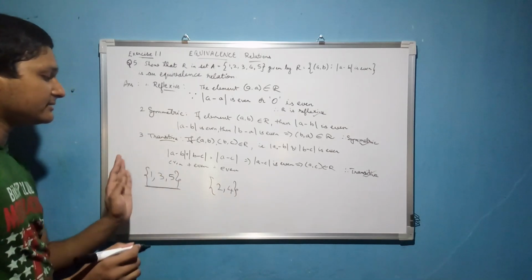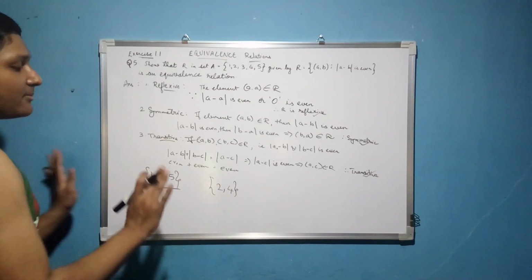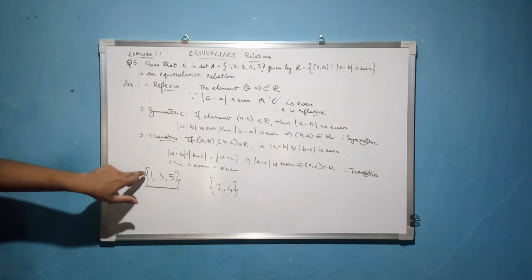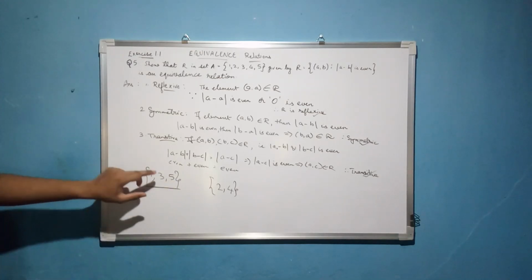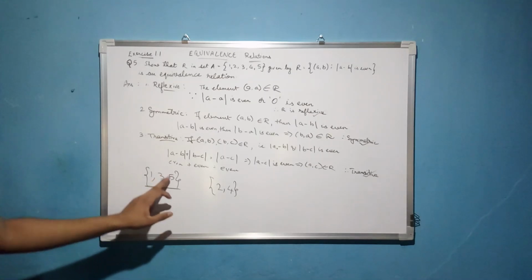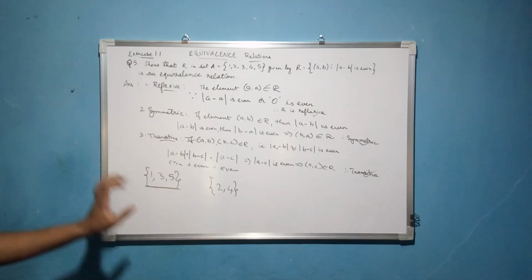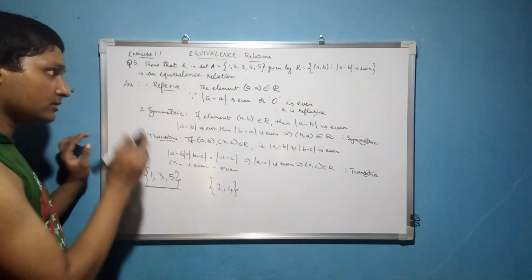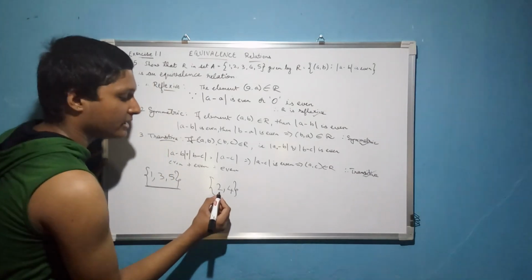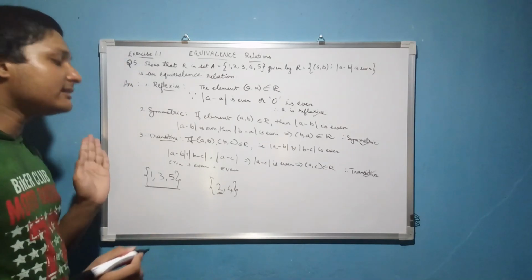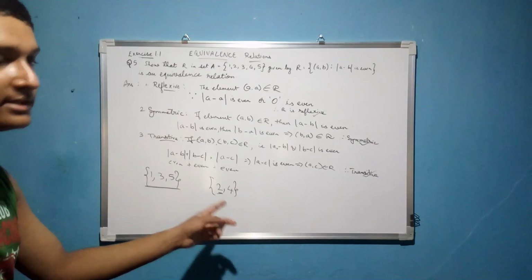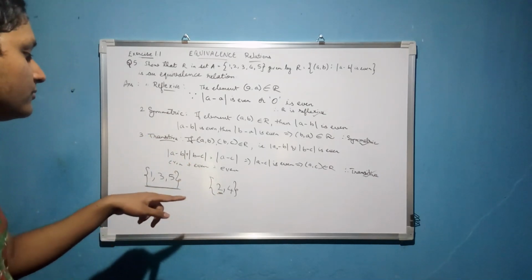This is a different set and this is a different set. 1 is related to 1, 3 or 5. 3 is related to 1, 3 or 5. 5 is related to 1, 3 or 5. That means only so many elements are present in this equivalence relation. If 2 is the first element, it is related to 2 or to 4. If 4 is the first element, it is related to 2 or to 4.